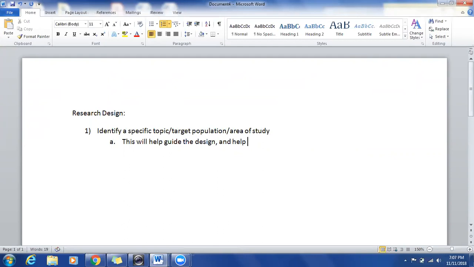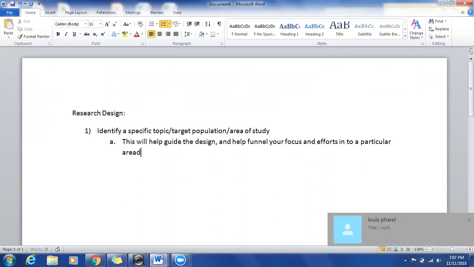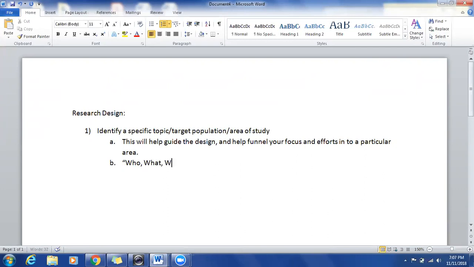What this is going to do is help guide the design and help funnel your focus and efforts into a particular area. The basic thing that we're doing in this step is identifying the who, the what, the where, the how, and the why.